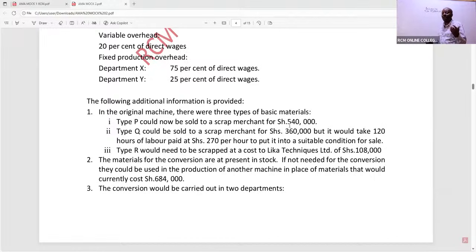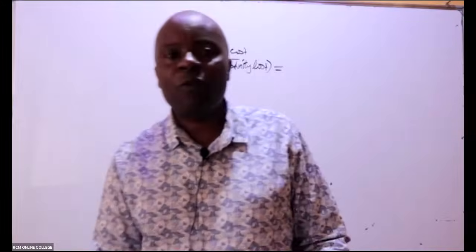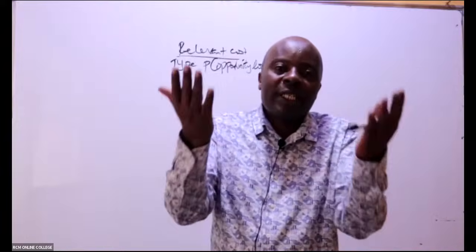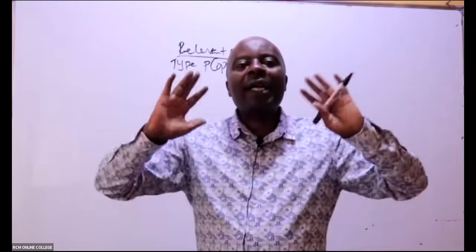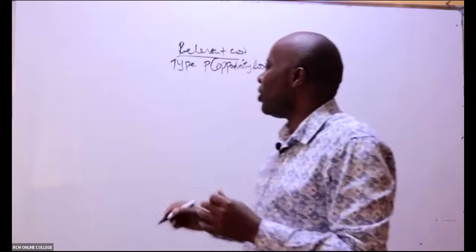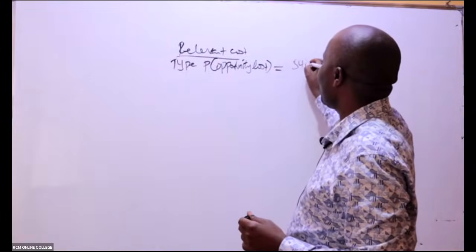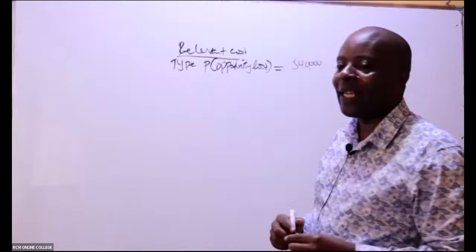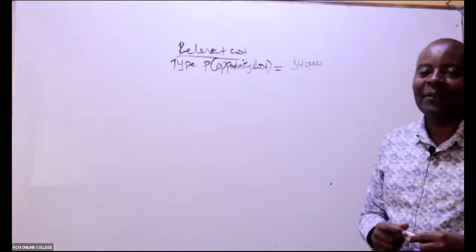Initially, without Zimwi, I had an opportunity of selling P as scrap outside. For how much? For 540. Now that Zimwi has come on board, I am going to lose 540,000. So this automatically becomes a relevant cost.